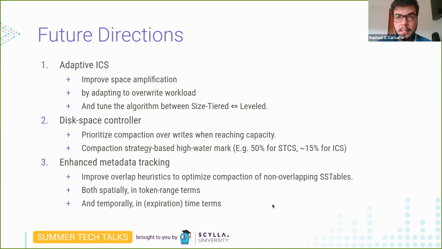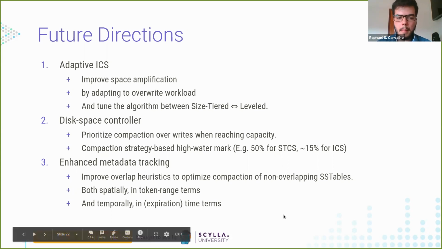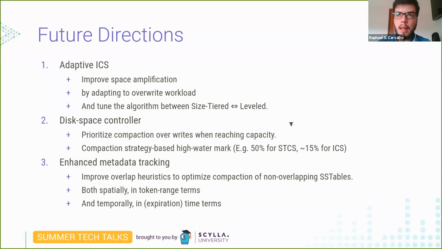And the last idea is to enhance metadata tracking. Right now, it was analyzed that sometimes we blindly select SSTables for compaction. For example, let's say that we pick up two SSTables that barely overlap one another.